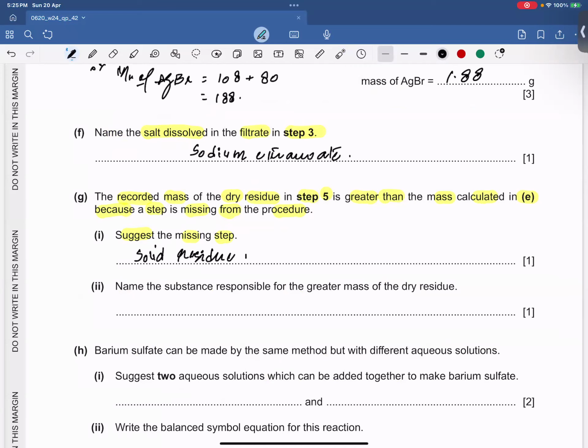Solid residue needs to be washed with distilled water.